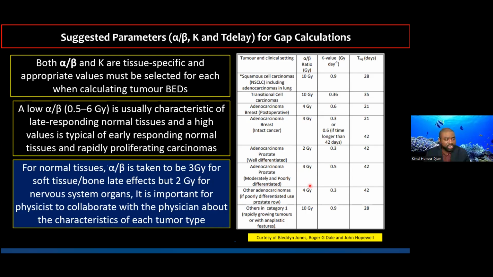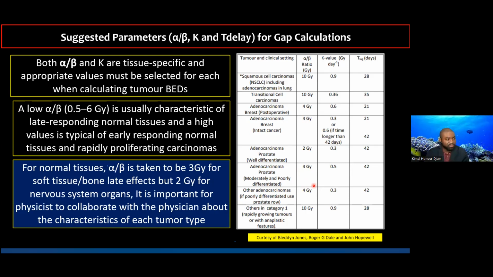Now, here are some suggested values. Like I said, each tumor is different. Alpha, beta, and K are tissue specific, and therefore appropriate values typically must be selected for each when calculating our tumor BEDs.